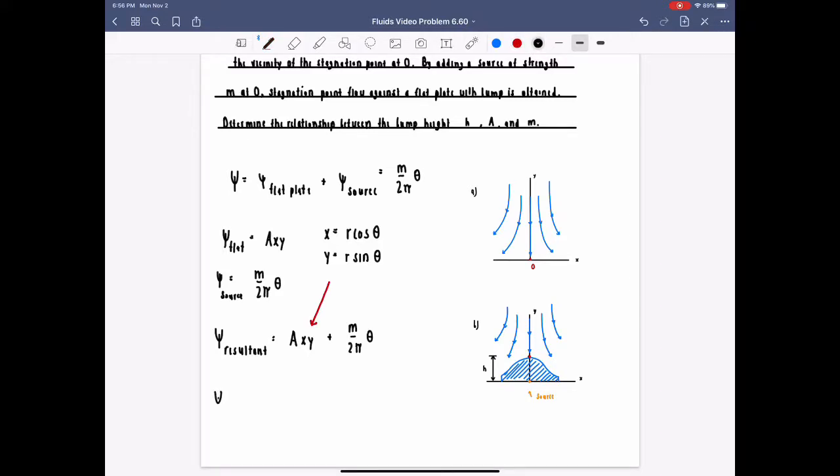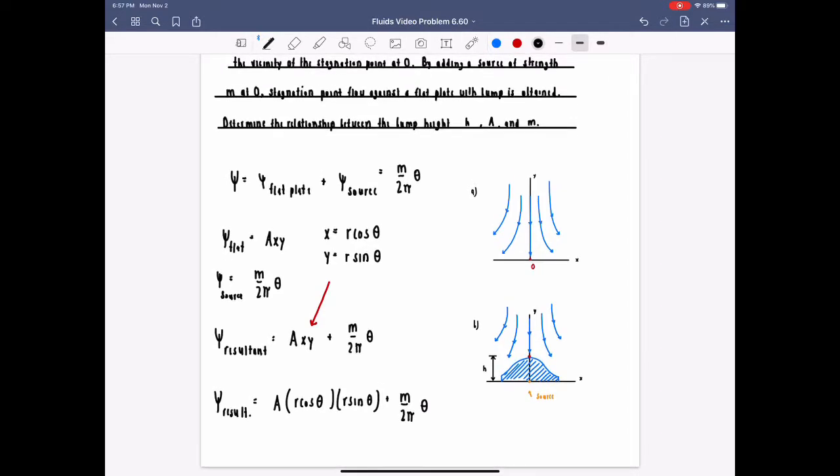So we're going to get psi resultant is going to equal a times r cosine theta, r sine theta, plus m over 2 pi times theta. Okay.